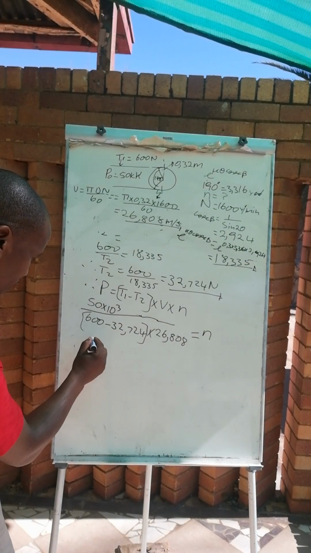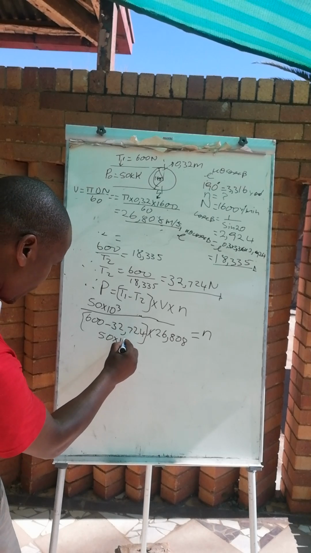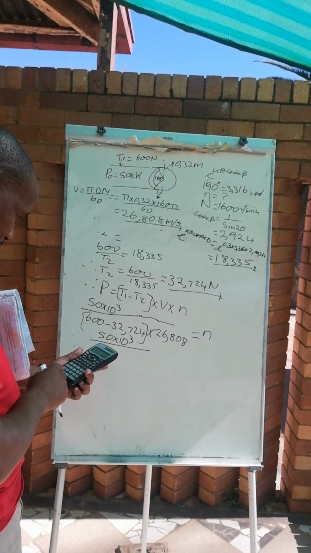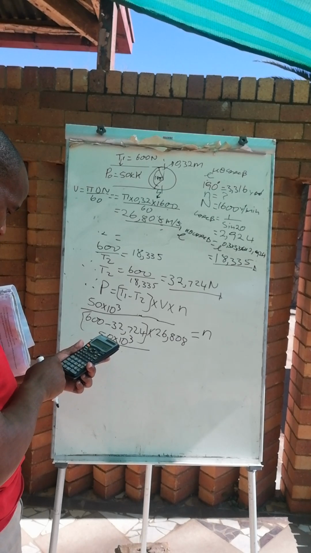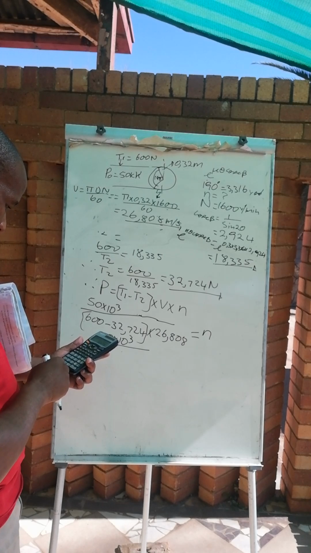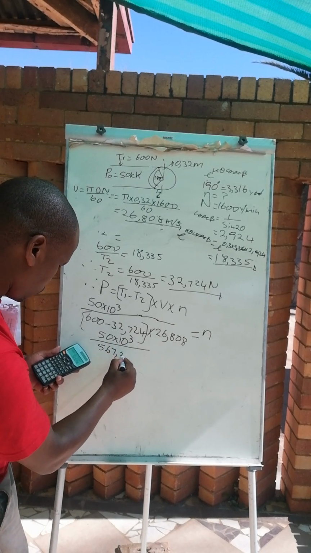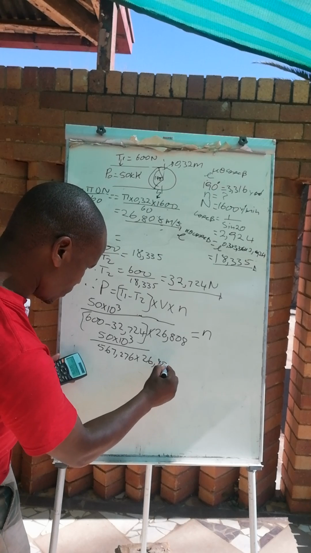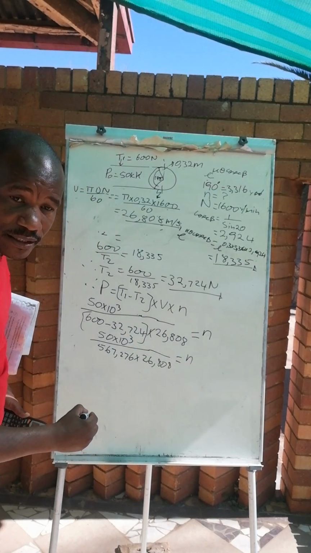Therefore, let's say 50 multiplied by 10 to the power 3, divided by 600 minus 32.724. Answer, let's say it's 567.276, multiplied by 26.808, is equal to the number of belts.